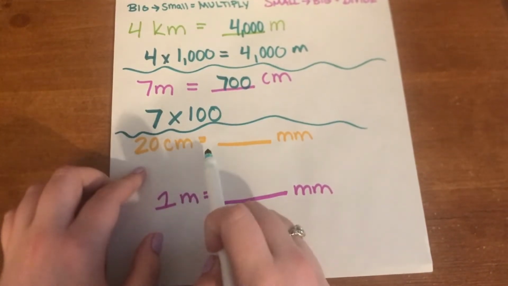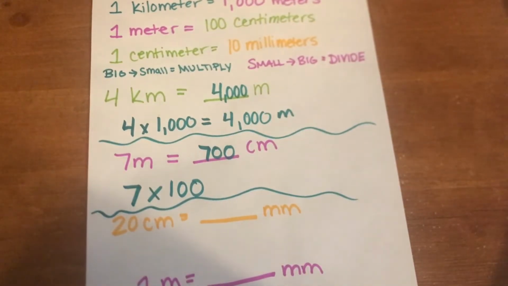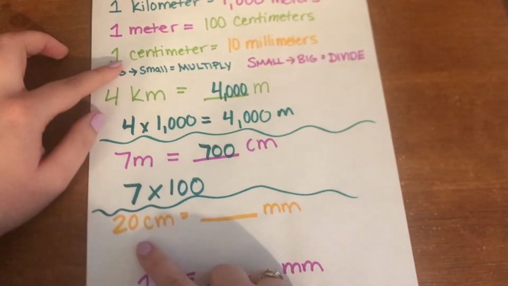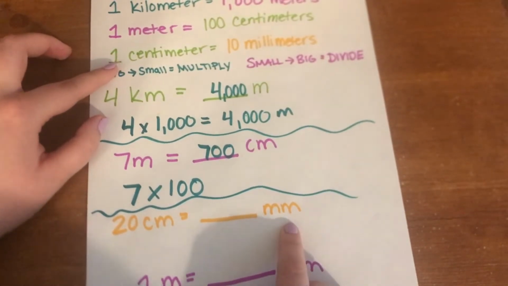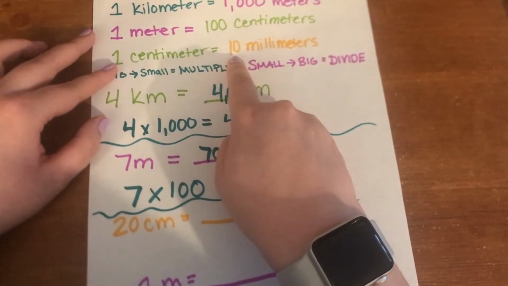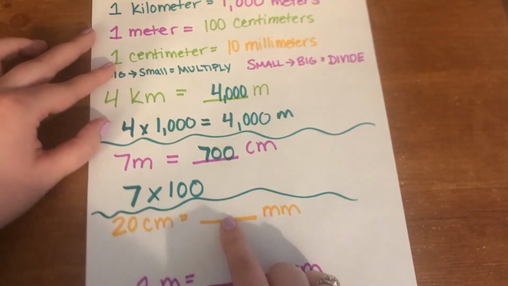20 centimeters is equal to how many millimeters? Let's look back at our key here. We know 1 centimeter has 10 millimeters in it, so we're going from big to small. Again, big to small.